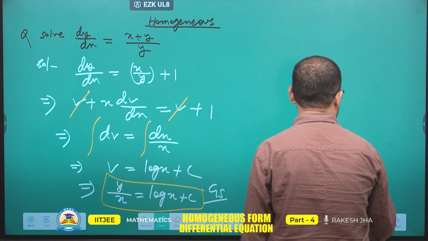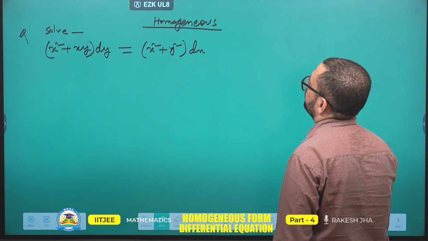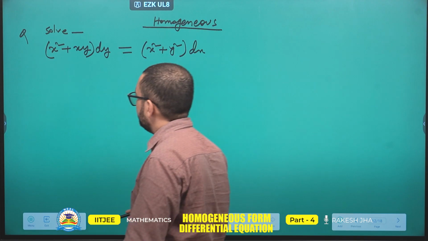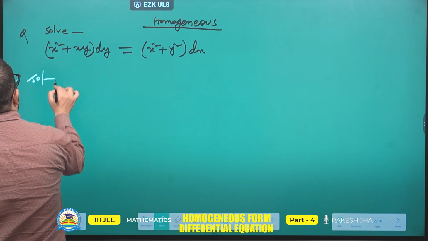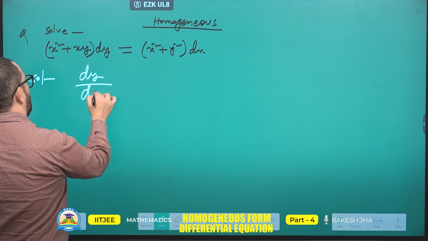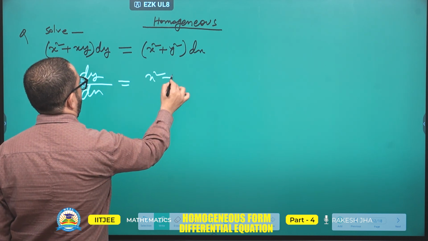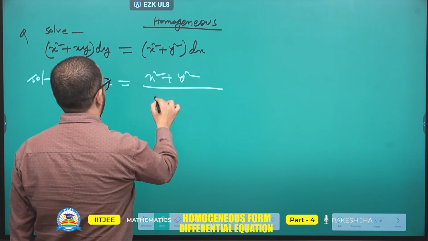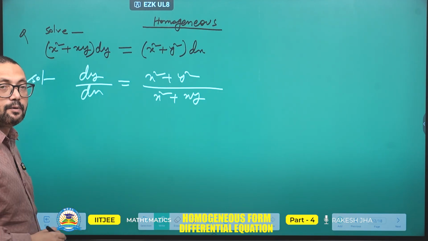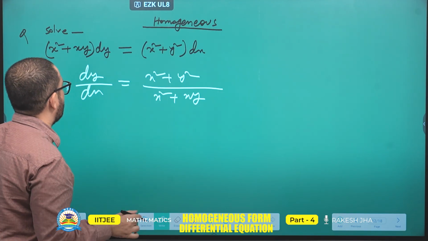Now moving to the next, let's talk about this one also. So how will you solve it? We will put firstly dy by dx, and that can be written as x square plus y square upon x square plus xy. So we can divide the numerator and denominator by x square.